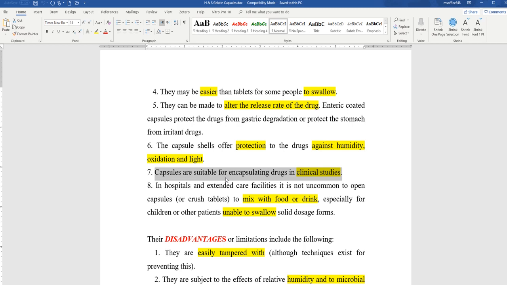In order to do that, you need to recruit human individuals in this study, give them the medication, and see whether this medication is effective or not. Now the problem is you need to have a control group.